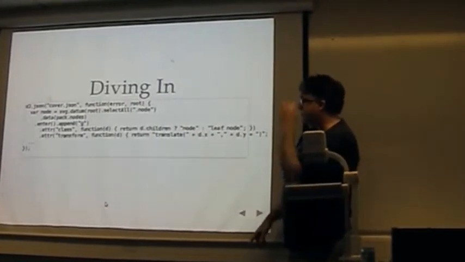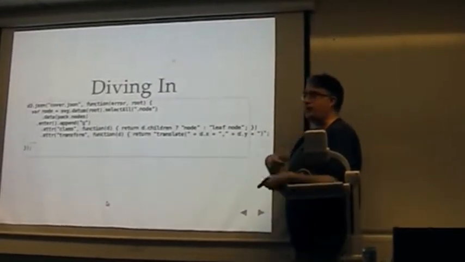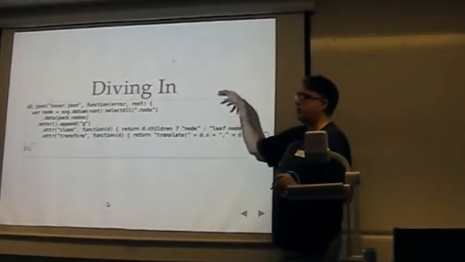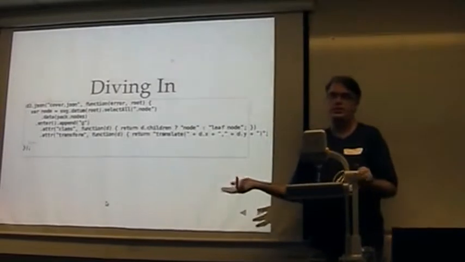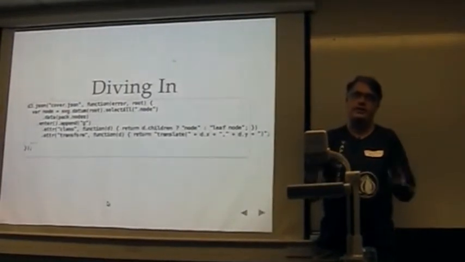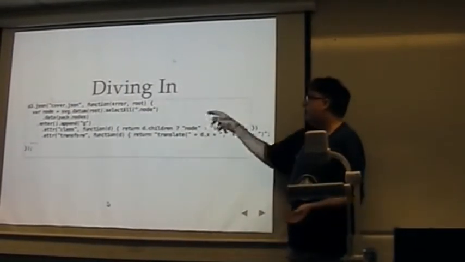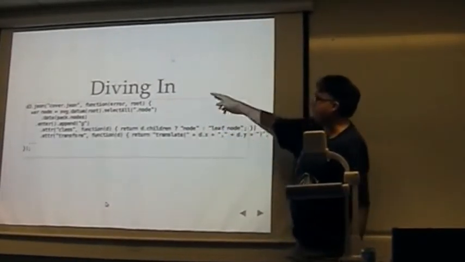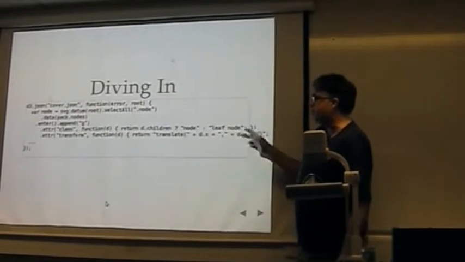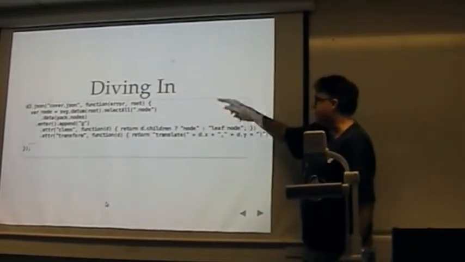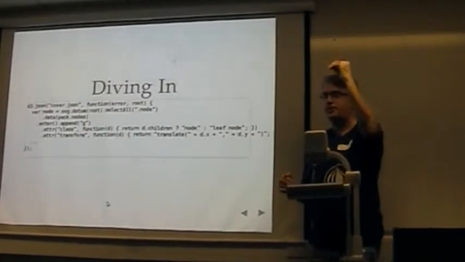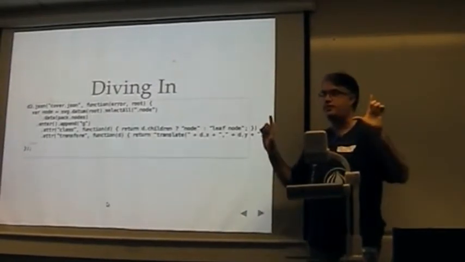The JSON is handled by D3 internally. And for every node in that, a node being the Perl equivalent of a hash reference, we call this function, which creates a new node from that and attaches it to our tree of SVG objects that we're building up inside our canvas.